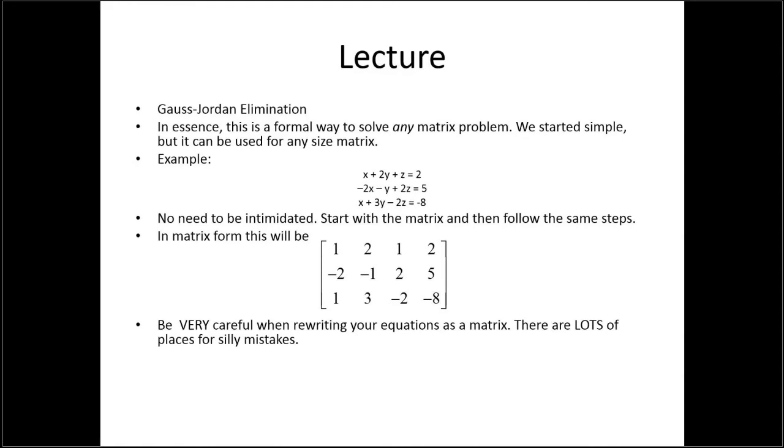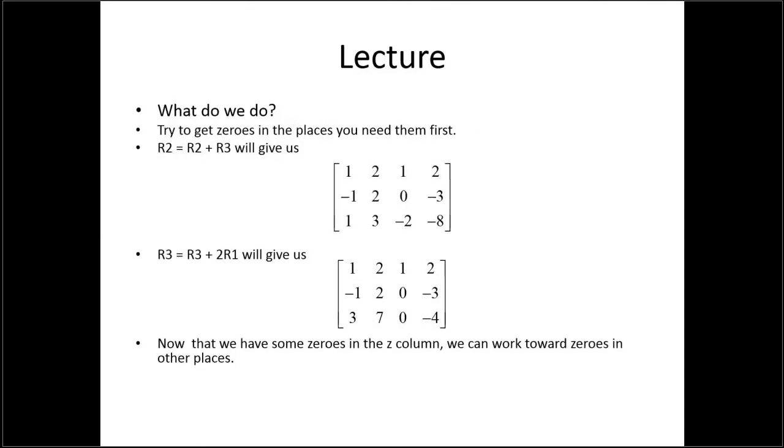But if you make a mistake in the beginning, you could do a lot of great work and your solution will be totally meaningless. So double and triple check that your matrix matches the equations, both with the numbers and with the signs. If you're comfortable, then go ahead and start the Gauss-Jordan process, and try to get zeros in the places you need them.